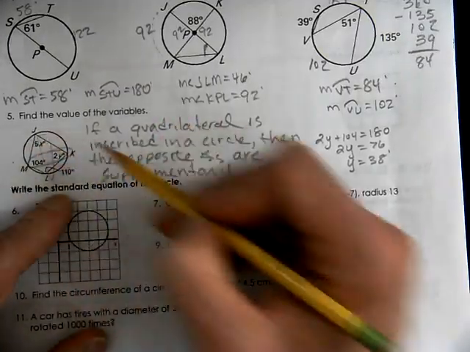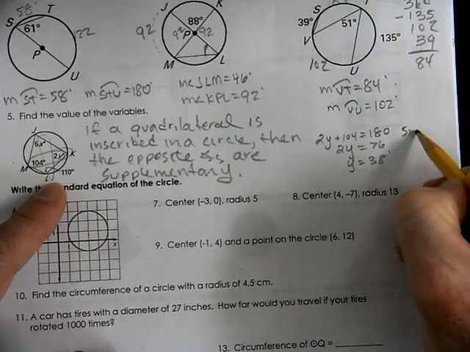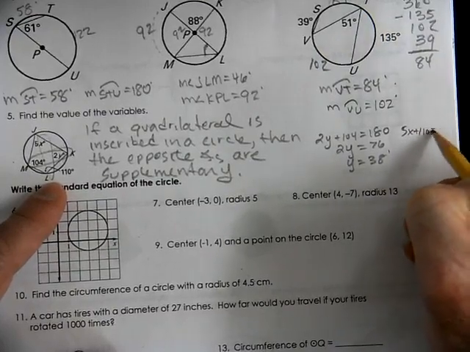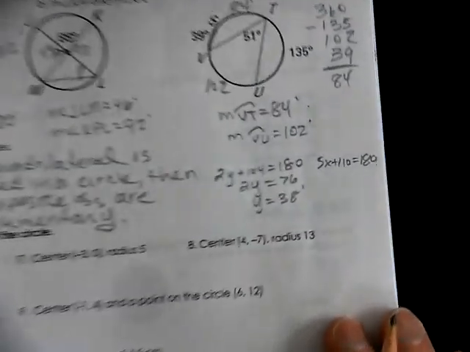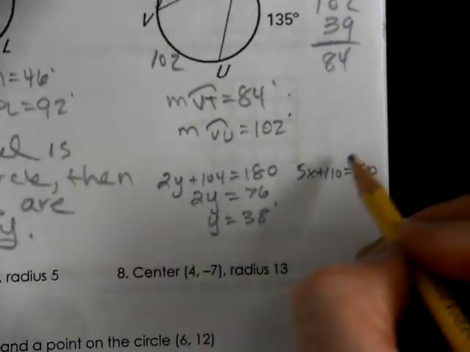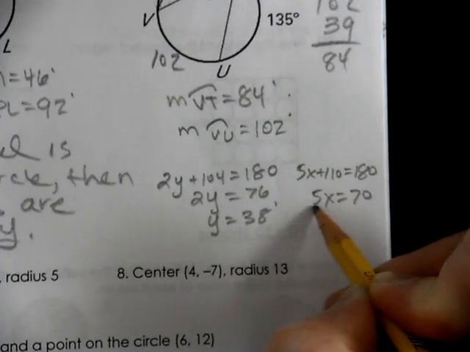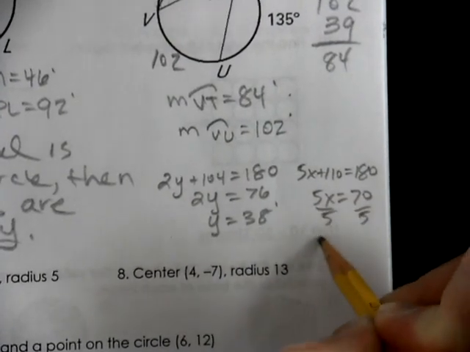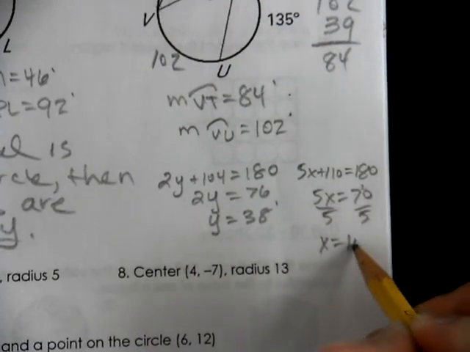And then go in the other direction. 5x and 110 are going to add up to 180. They're opposite angles. Subtract 110, that gives us 70. Divide by the 5. 5 goes into 7 one time with 2 left.